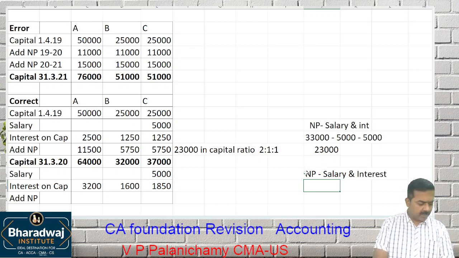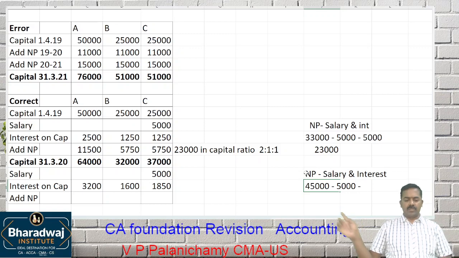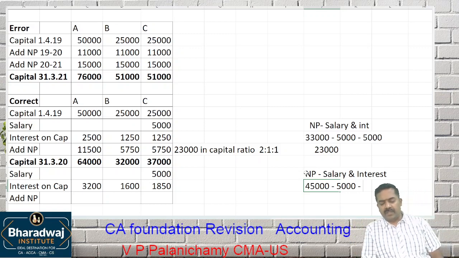Second year, how much net profit is given? 45,000 minus salary 5,000 minus interest on the capital: 3,200, 1,600, 1,850.